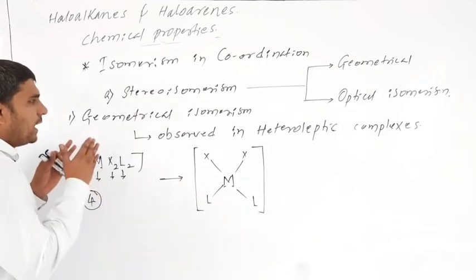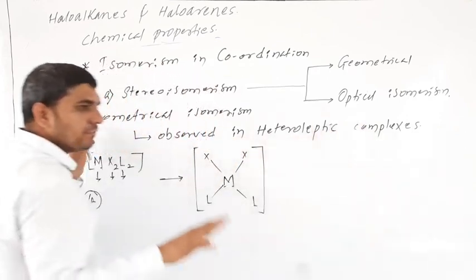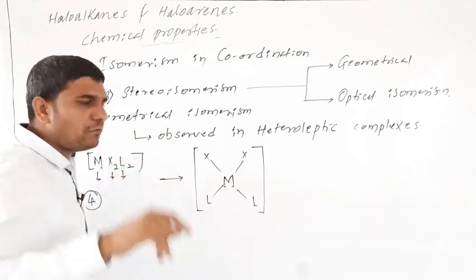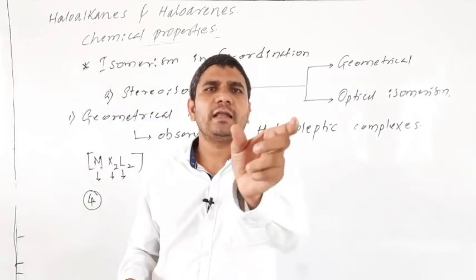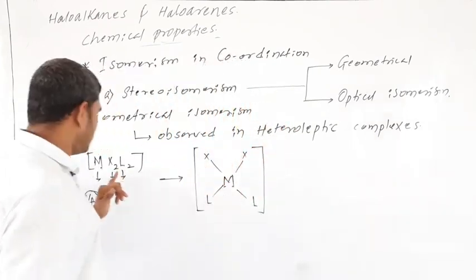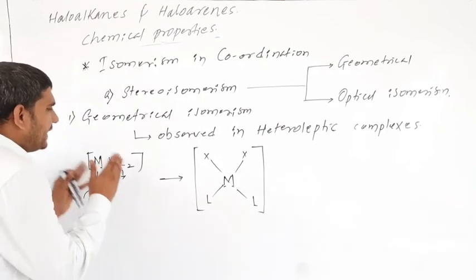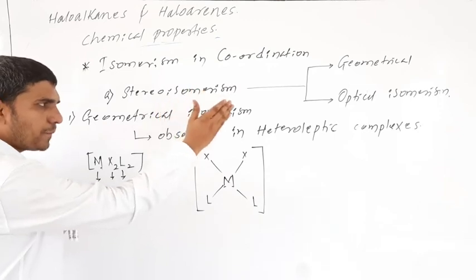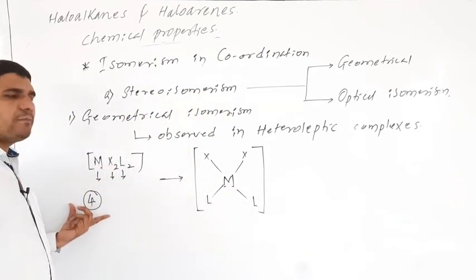Geometrical isomerism is observed in heteroleptic complexes, which have different kinds of ligands attached to the central metal atom, with coordination number 4.